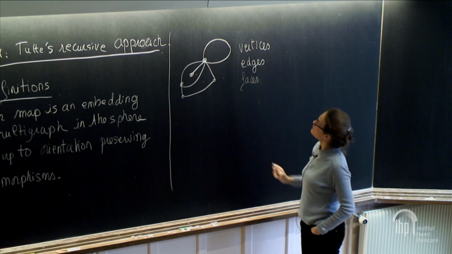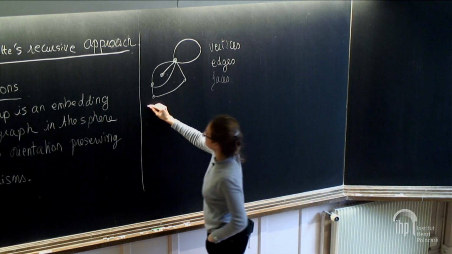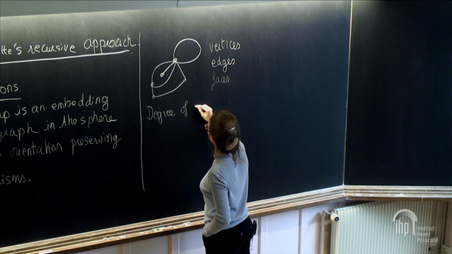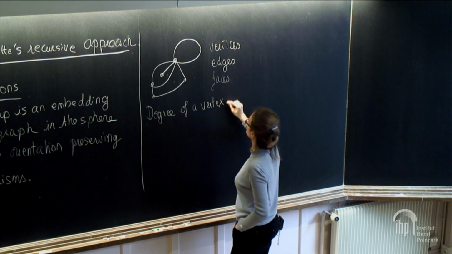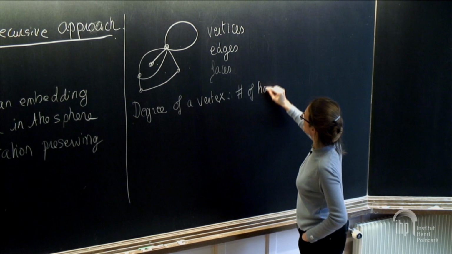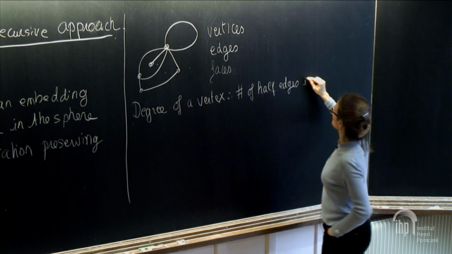So vertices and faces have a degree. The degree of a vertex, say, is the number of half edges incident to it.